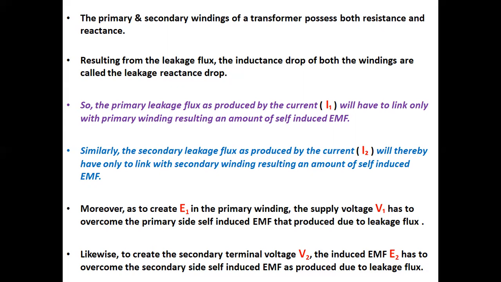Moreover, to create E1 in the primary winding, the supply voltage V1 has to overcome the primary side self-induced EMF that is produced due to leakage flux. Likewise, to create the secondary terminal voltage V2, the induced EMF E2 has to overcome the secondary side self-induced EMF as produced due to leakage flux.